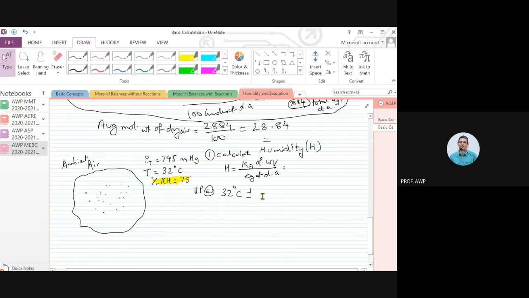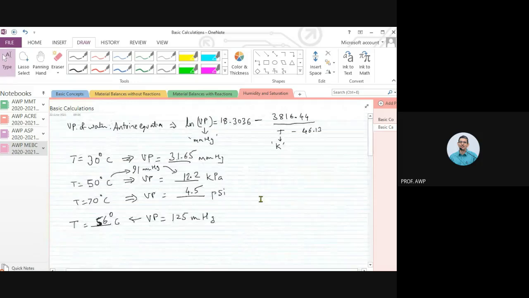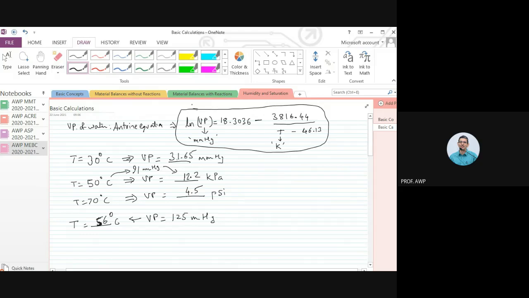How are we going to calculate that? We are going to use the Antoine equation. Where is that Antoine equation gone? Yeah, here is that Antoine equation. So if I take 32 degrees centigrade, Bhakti, now you calculate vapor pressure based on this equation. Yes, sir. And then we'll wait for you to calculate.